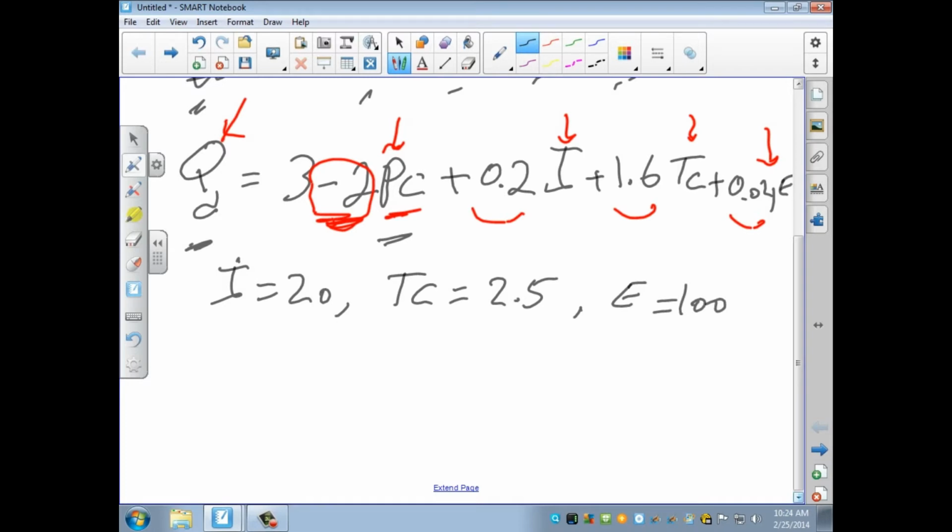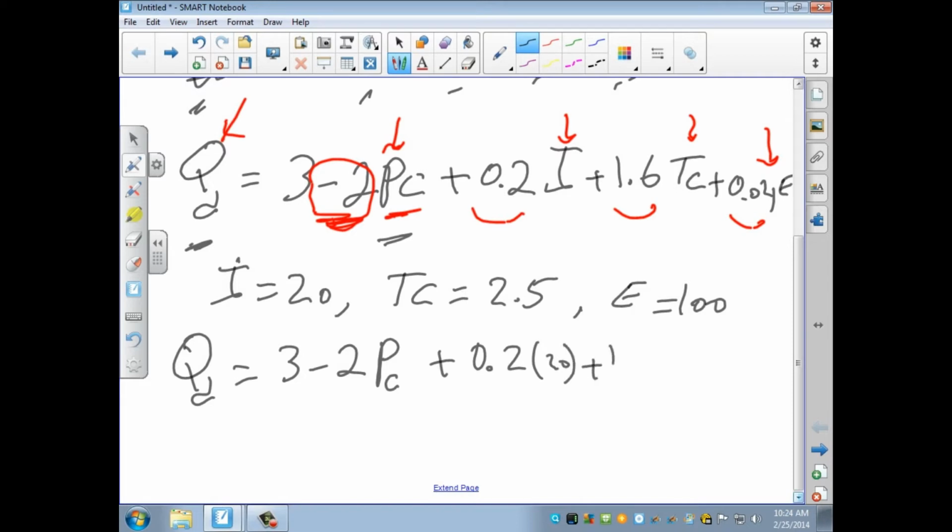So if we go ahead and plug in these numbers into the equation above, then QD would be equal to 3 minus 2 times PC. We have to keep this the way. Now in place of I, 0.2, we put the constant of 20. For 1.6 telecommunication we put 2.5. And plus 0.04 times expectation. For expectation we put 100.